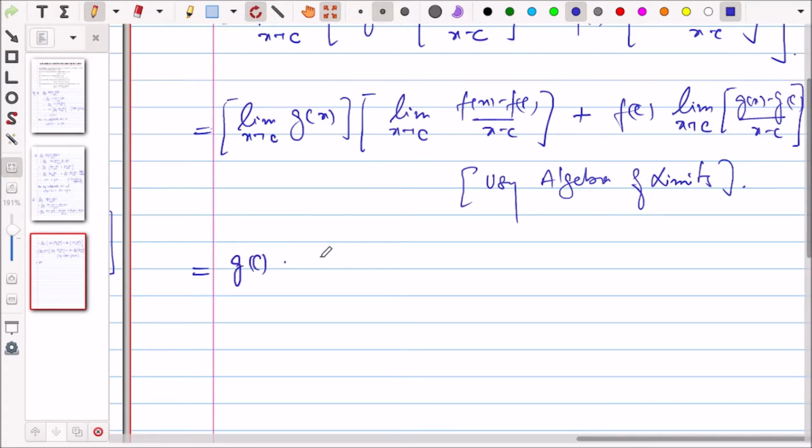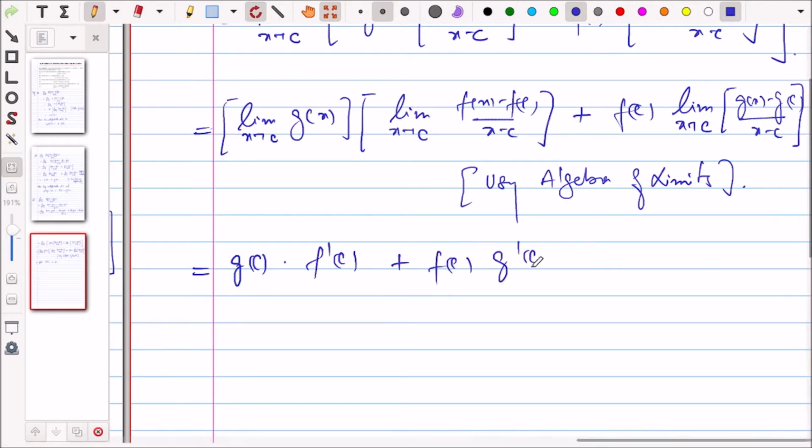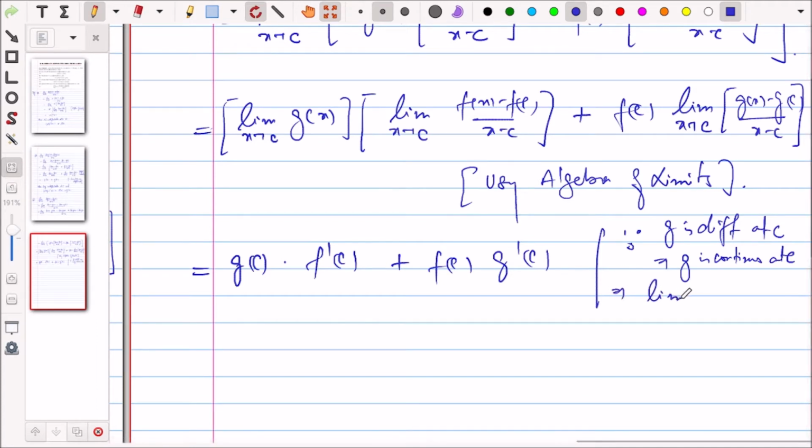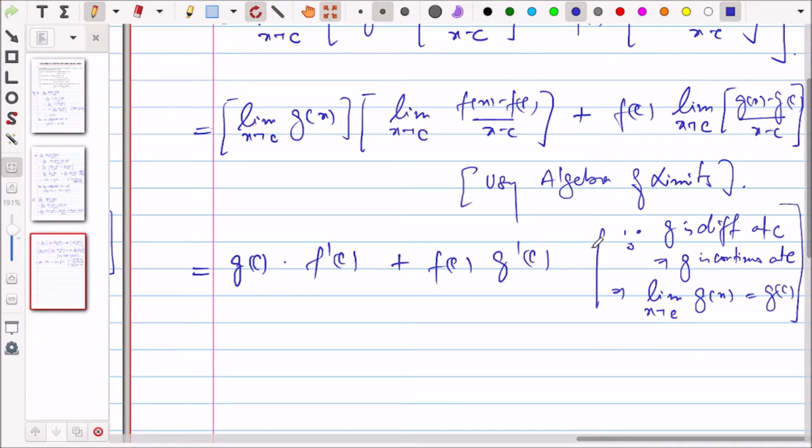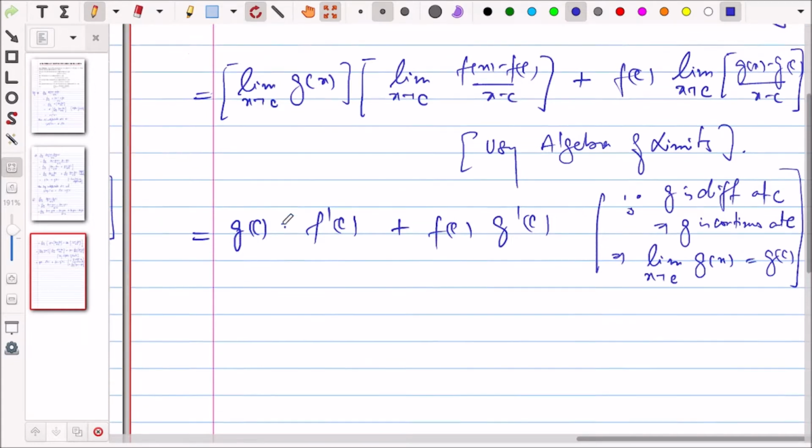Now this limit is f dash c, क्योंकि f is differentiable, plus f(c) g dash c, since g is differentiable implies g is continuous at c, right? And this implies limit x tends to c of g(x) is equal to g(c). ठीक है, और बाकी लिमिट तो डेरिवेटिव से आ रहा है. यहाँ पे हमने कंटिन्यूटी यूज करी है. कंटिन्यूटी होती है तो we can take the limit inside, so limit x tends to c it will become g(c). ठीक है, फाइन.